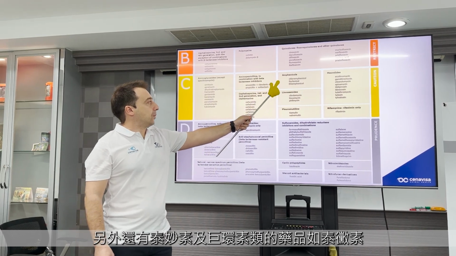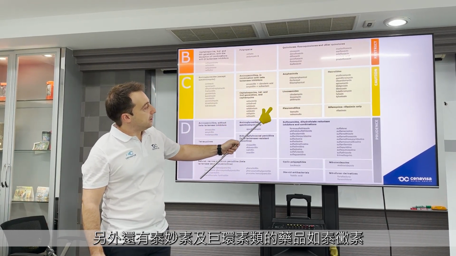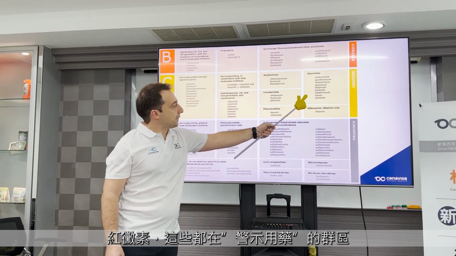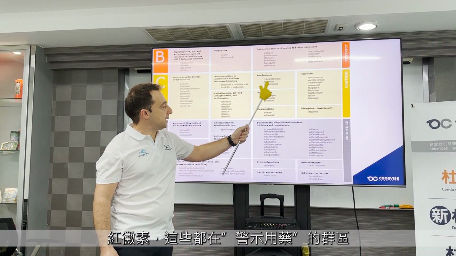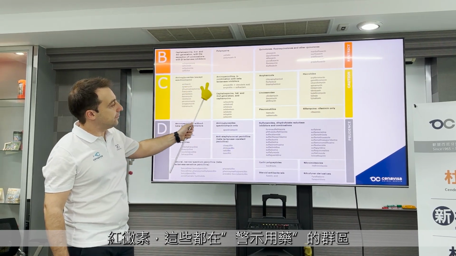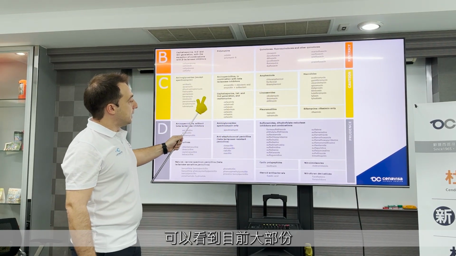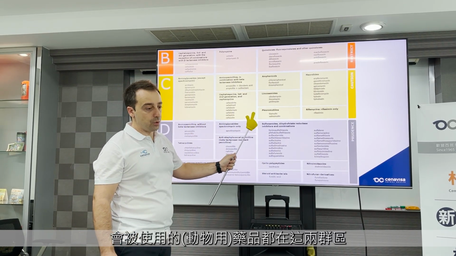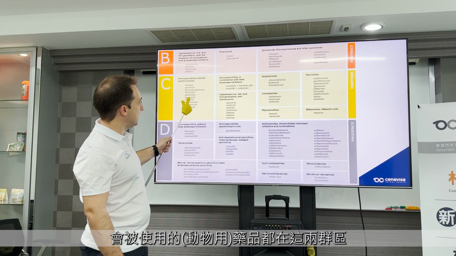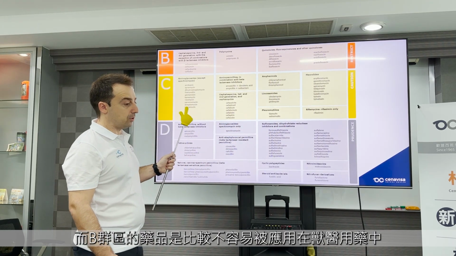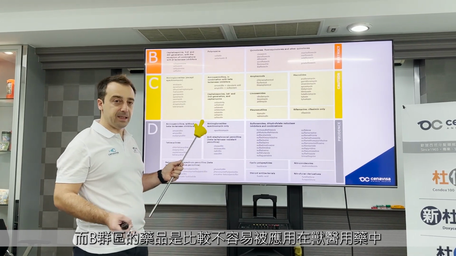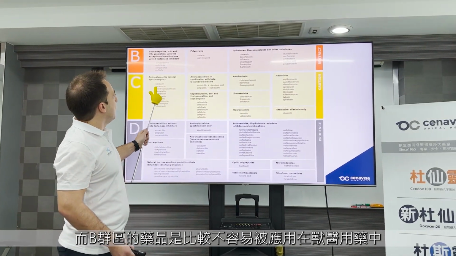And also you have the fluorphenicol and the macrolides, tiamulin, tylosin, tulathromycin. This is the group caution. So more or less, the products that are used the most are in these two groups, because they are not very restricted or are more or less easy to use.